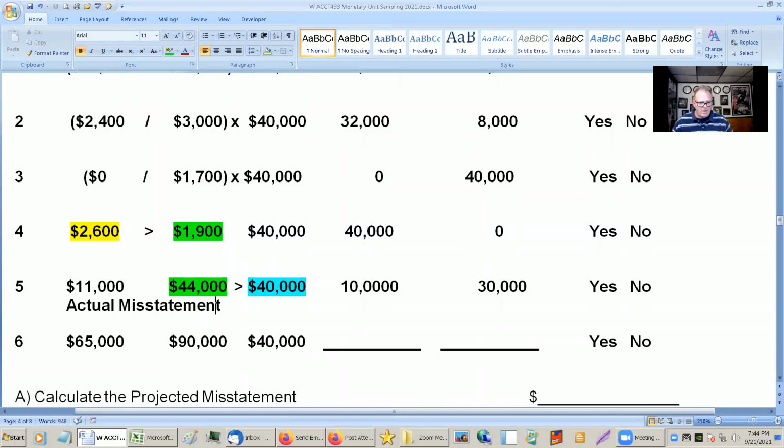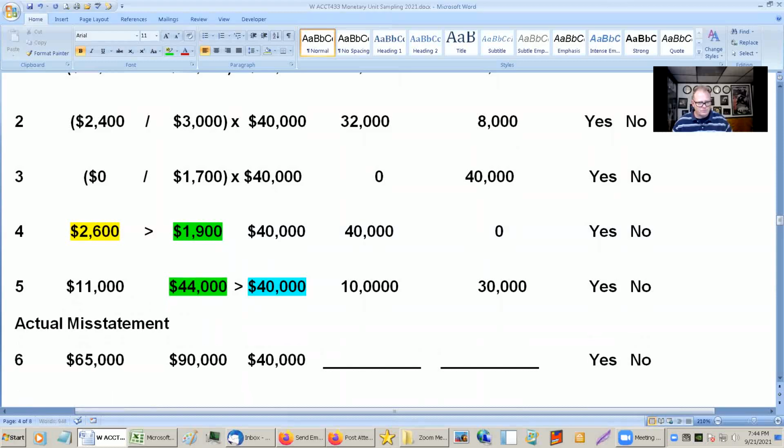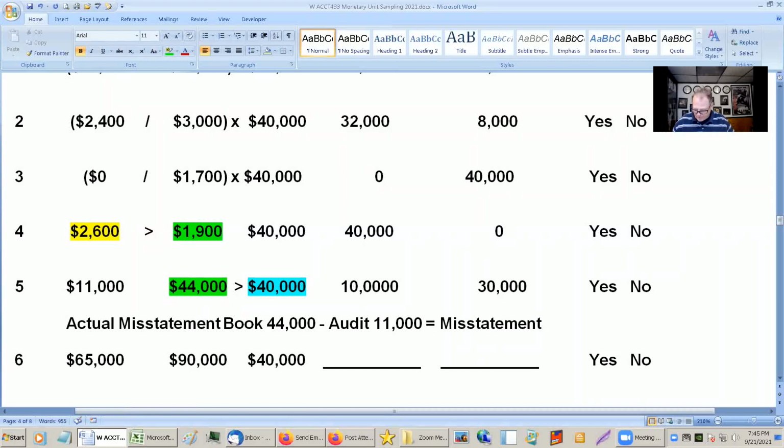So this will be the book value of 44,000 minus the audit value of 11,000, which means there is a misstatement of 33,000.